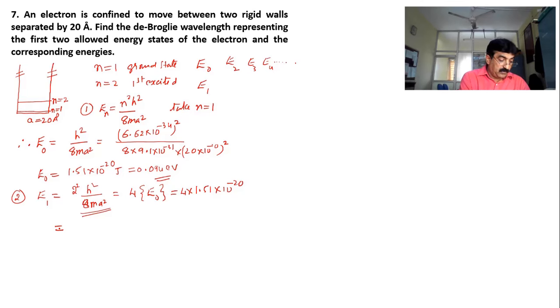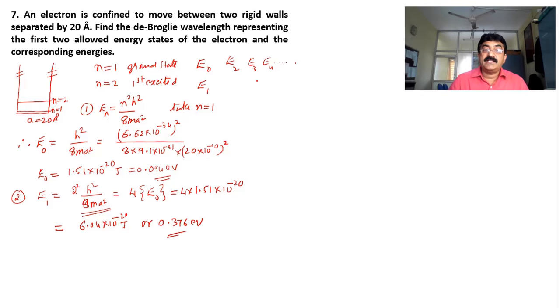This becomes 4 into 1.51, that is equal to 6.04 into 10 power minus 20 joule. Or you can put it in electron volt, that is 4 into 0.094, that is 0.376 electron volt. See, even if you don't express in electron volt, you will get marks. That is not an issue.